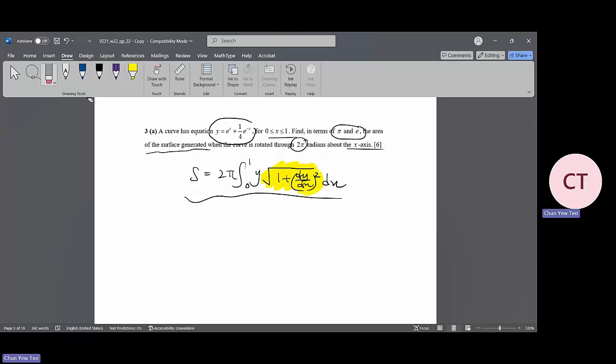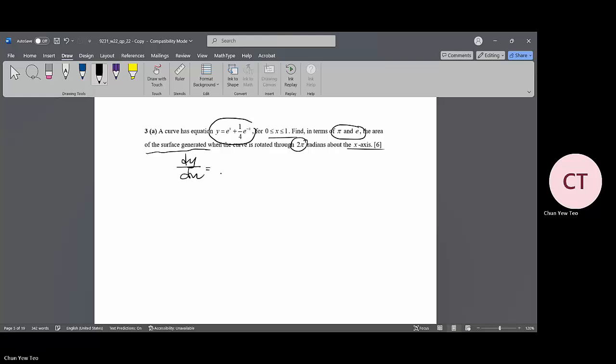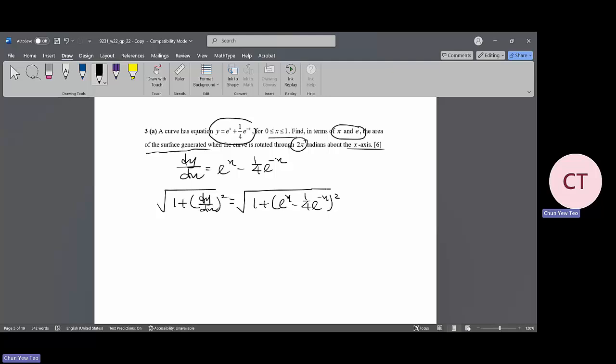Okay. So to begin with these expressions, you will need to find the dy/dx first. So the dy/dx, you will have e^x minus 1 over 4 e^(-x). Then we do this. So it will be 1 plus the (e^x minus 1 over 4 e^(-x)) squared.